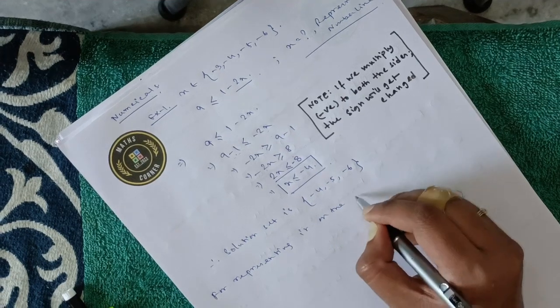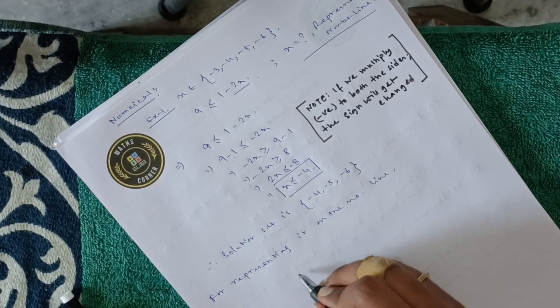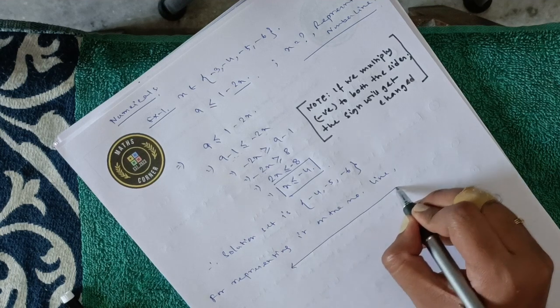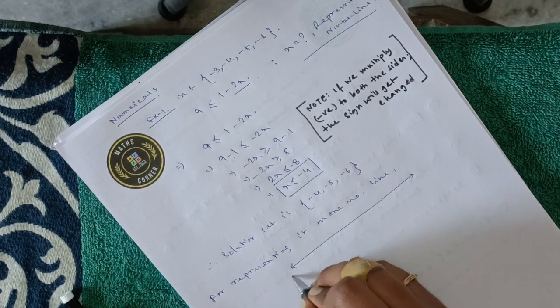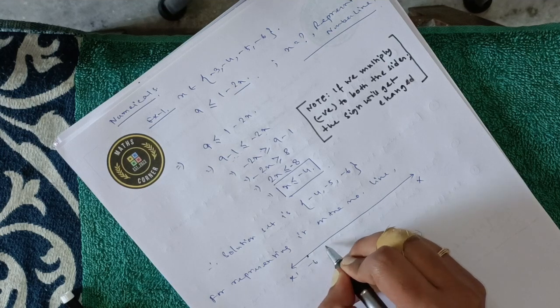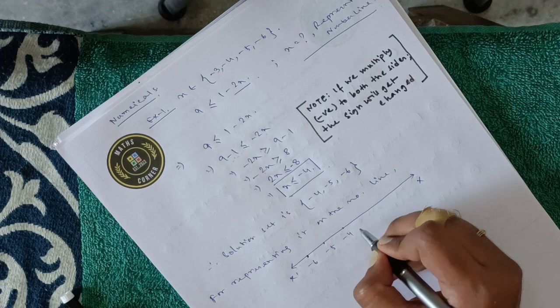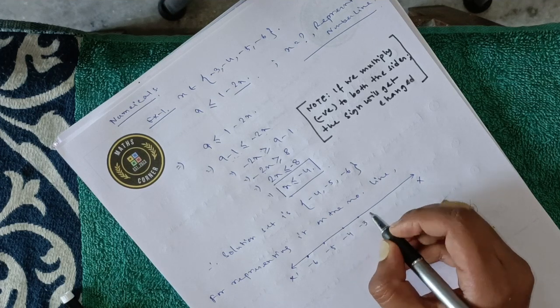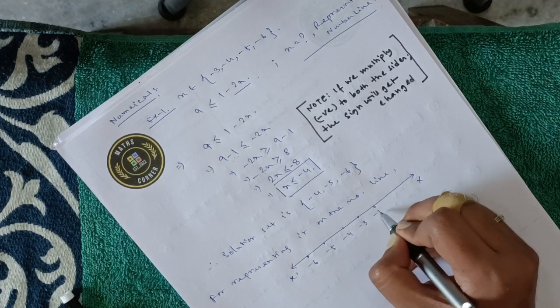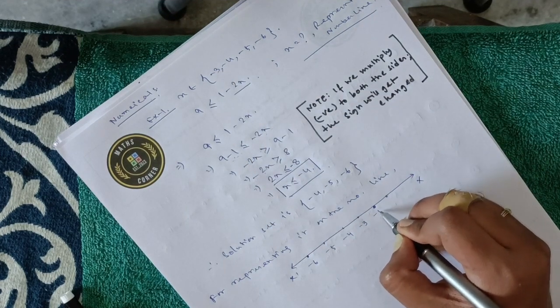on the number line, x is minus 6, minus 5, minus 4, minus 3. Not required, it's up to minus 3, but it will look good.